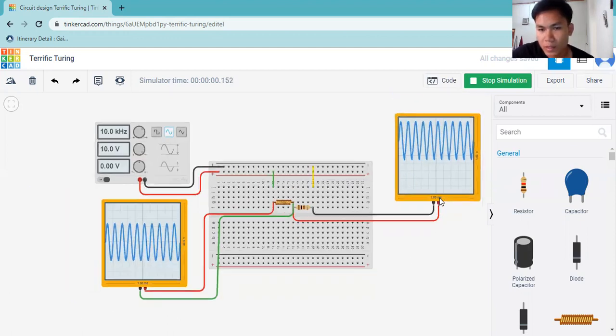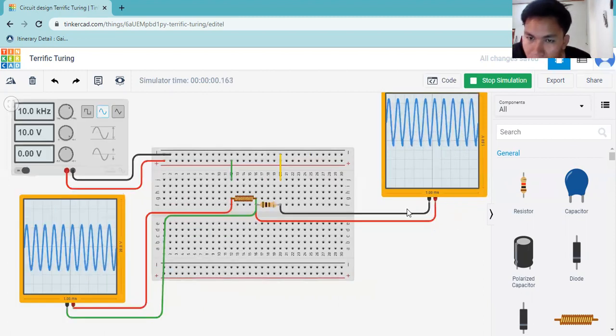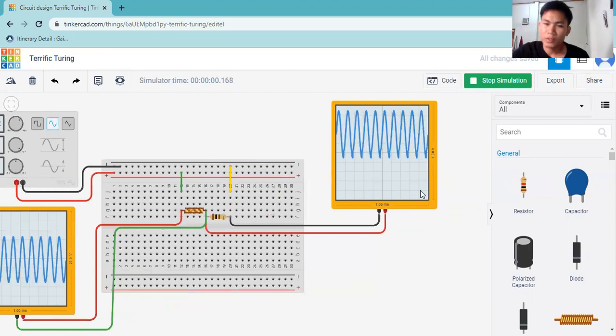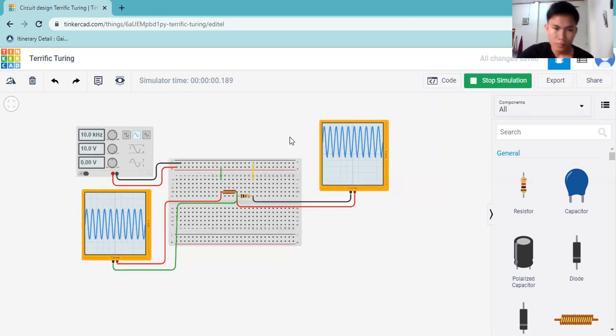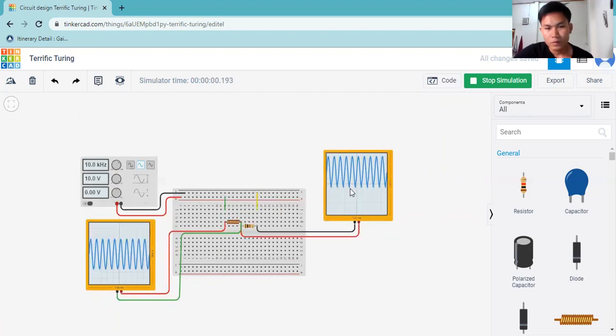And for this one, the time per division is also 1 millisecond and the voltage per division is 1 volt. So this is the simulation of part 2 of this experiment.